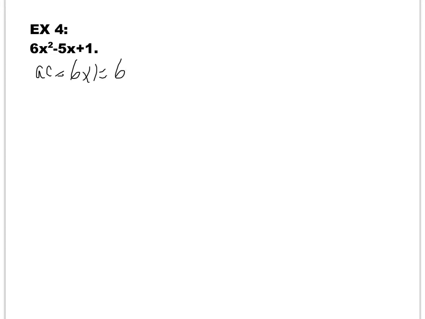Now the question is to find two numbers whose product is 6 and sum is negative 5. Those two numbers by trial and error are negative 2 and negative 3, so I can break up the second term into negative 2x and negative 3x plus 1.